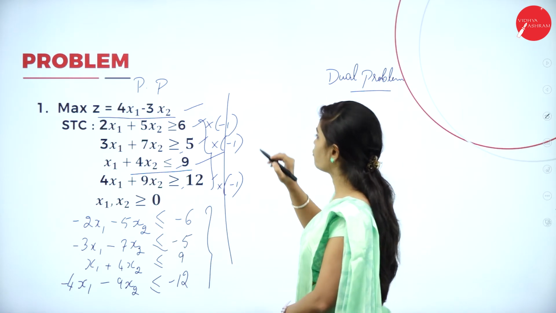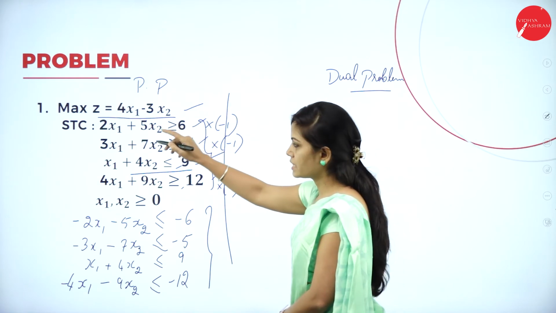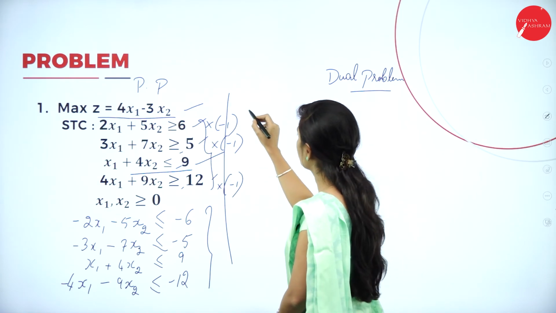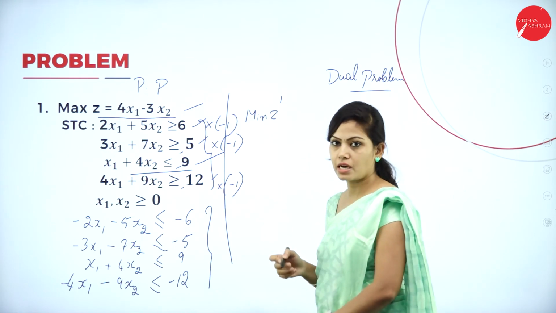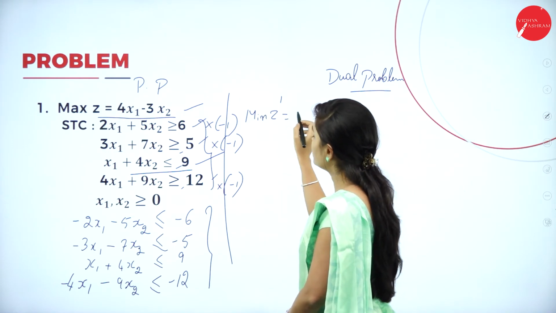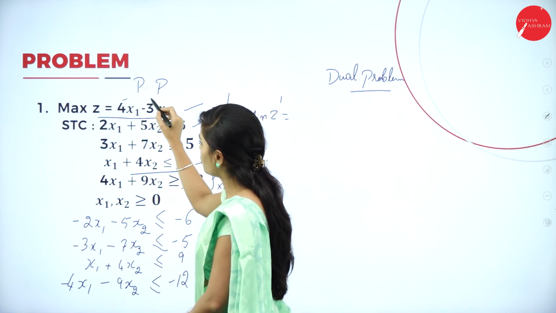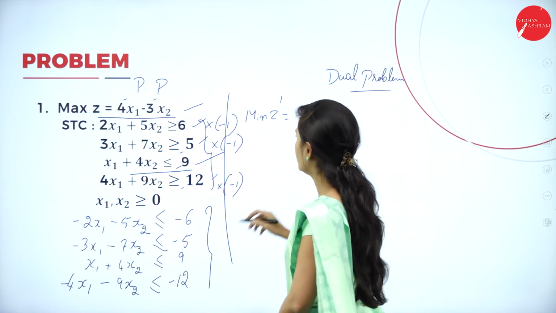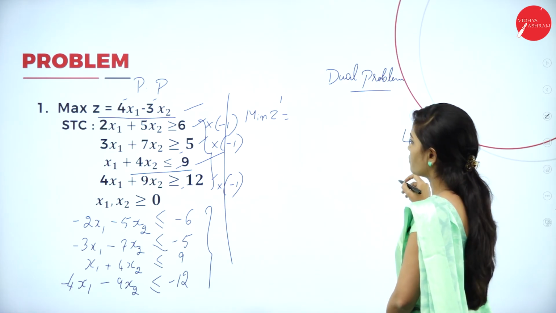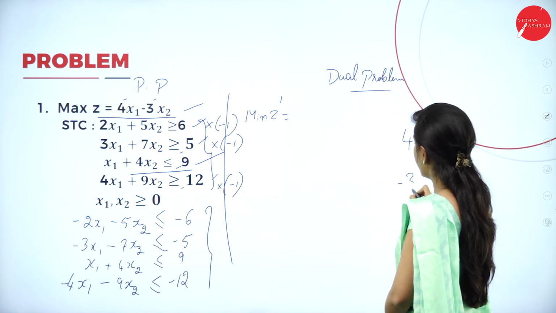So what is the dual form of this? Max z is converted into min z dash or min z star, and all the coefficients of the objective function will become the RHS values, that is, the RHS values 4 and minus 3.